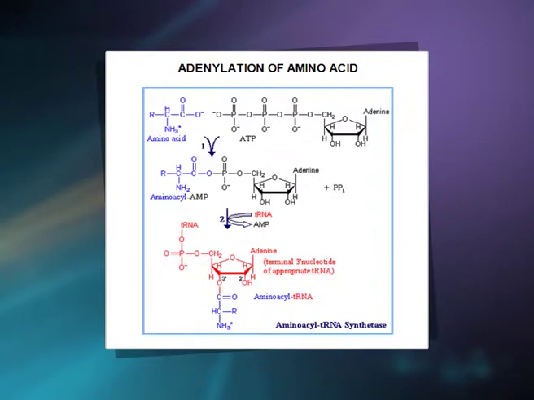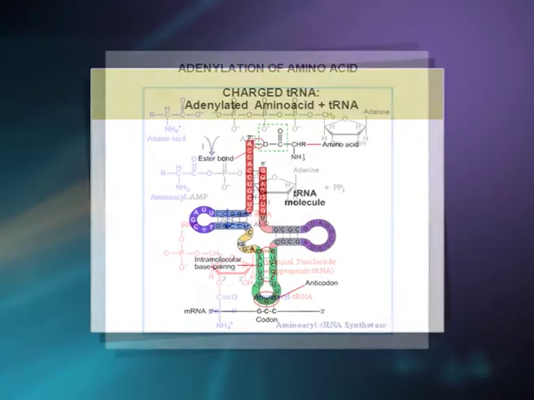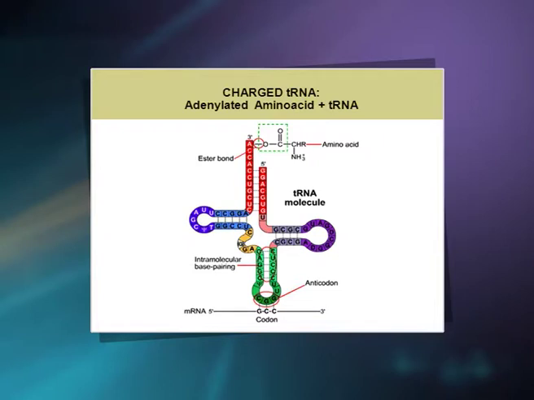tRNA is charged by forming ester bond between the COOH group of the amino acid to the 2' or 3' OH group of the adenyl group at the end of the acceptor arm, as shown in the following figure. The charging of tRNA is catalyzed by the enzyme amino-acyl tRNA synthetase.